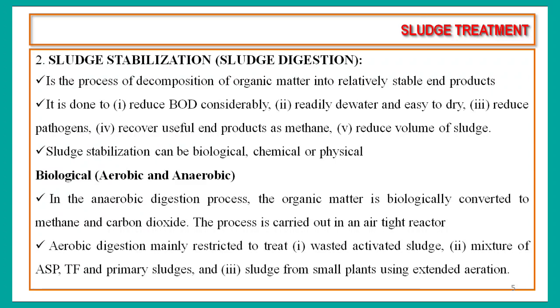One is biological, chemical, or physical. That means sludge stabilization is the process of decomposition of organic material into stable end products. This process is done to reduce the BOD, to make the sludge readily dewaterable and easy to dry, and to reduce the pathogens present in the sludge.